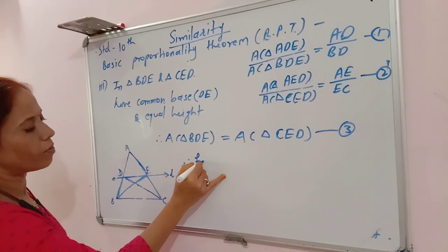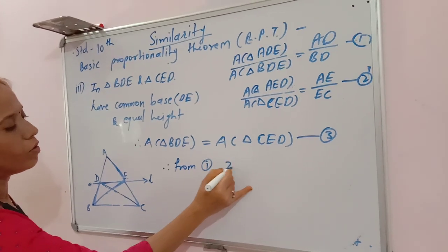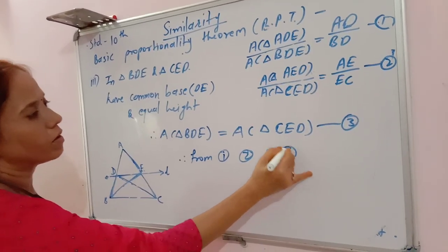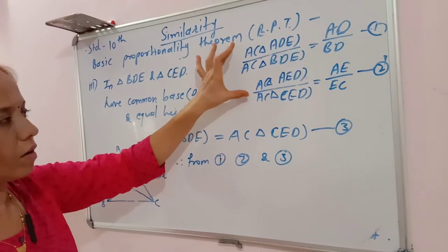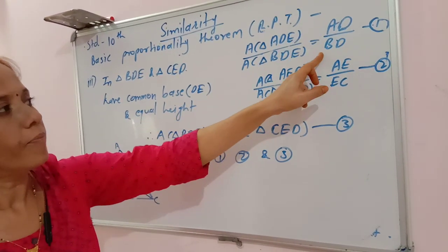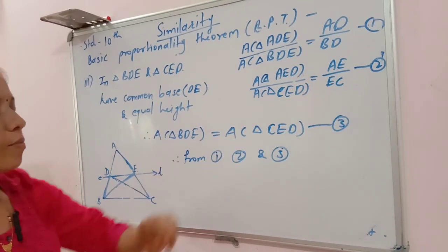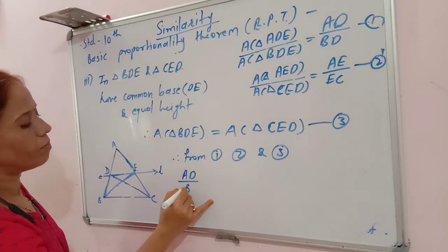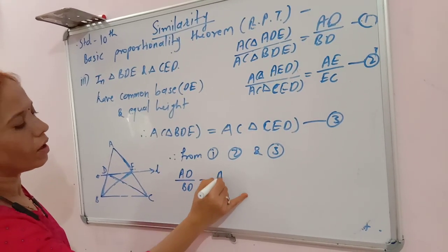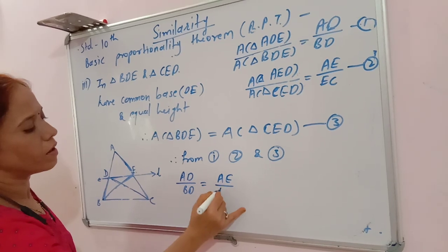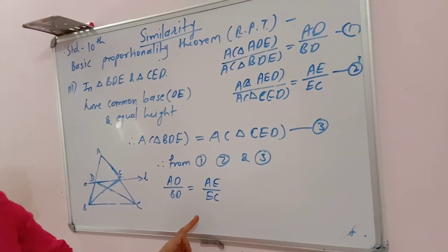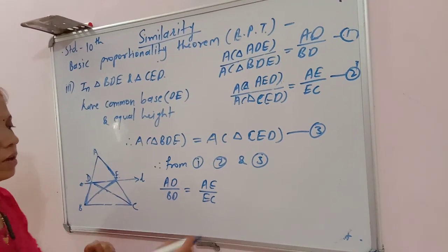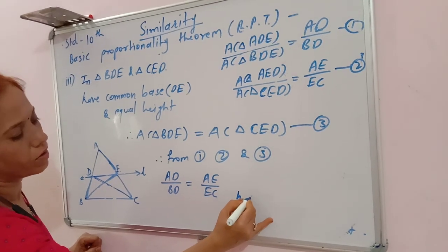Therefore we can write from 1, 2 and 3: if these two are equal, then AD upon BD equals AE upon EC. And that we had to prove, hence it is proven.